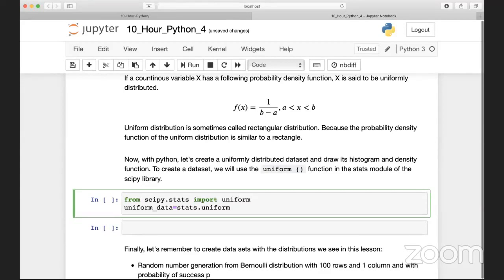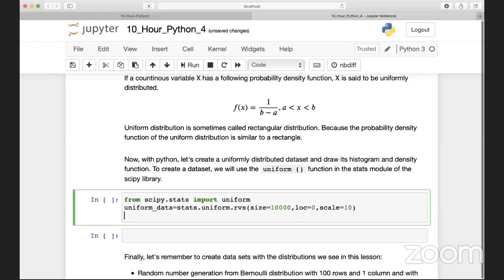Okay, uniform data is equal to stats dot uniform dot rvs, random variates. It's how we generate random numbers in the stats library. We need to use this function. Size is 10,000. Location is 0, and scale is 10. Okay. These are the parameters that we need to define to generate the uniform distribution.